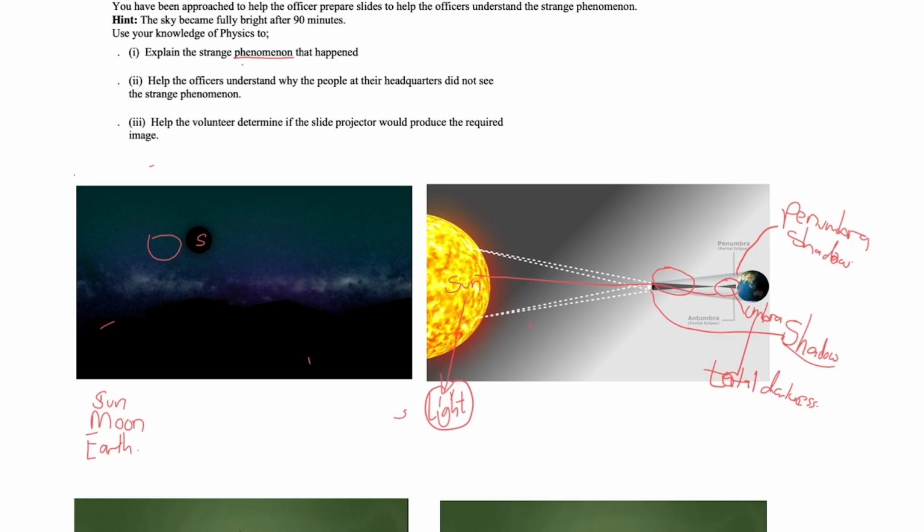So here is where our military camp was in total darkness. Then on the other side, this is where the other military camp in another country was, so they could receive some light. And this phenomenon is what we call an eclipse.